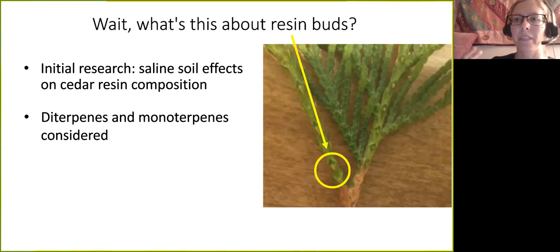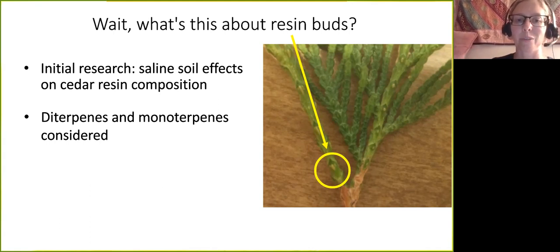So monoterpenes are very aromatic and they often, for cedars, can be used to deter deer from eating them. Diterpenes are another, so these are in the terpene group and they're just like smaller categories and very many chemicals. So the diterpenes are a little less volatile.